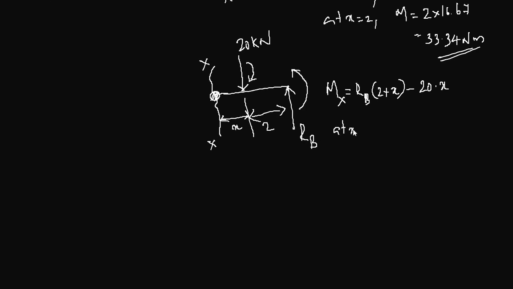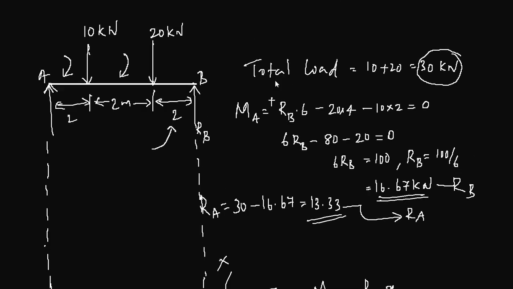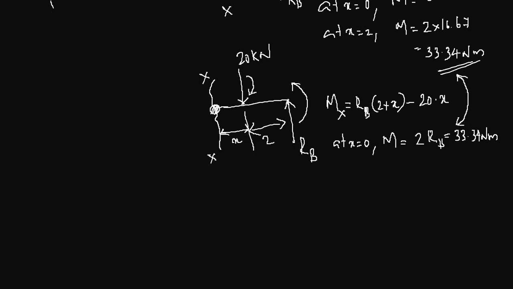At x equal to 0 moment will be 2 RB, because this term becomes 0 and this becomes 0. 2 RB is 33.34 Newton meter, and you know these 2 points are the same because both those points are here, because in the second section x equal to 0 here, and in the first section x equal to 2 at this point. So both those points will be same, and that's why you got the same value for both these moments.